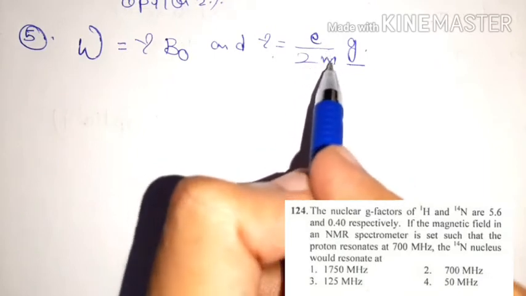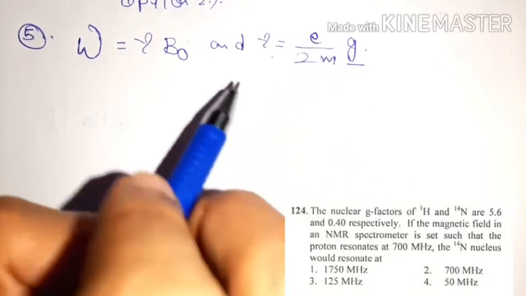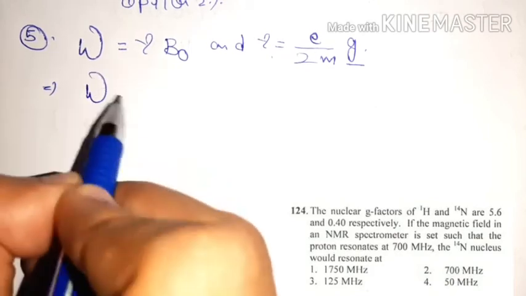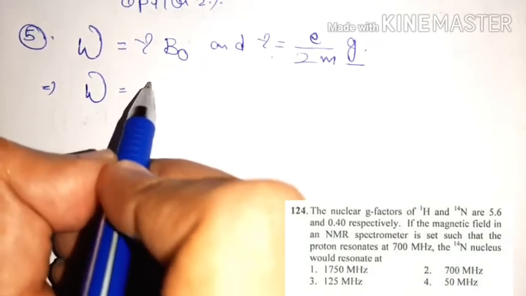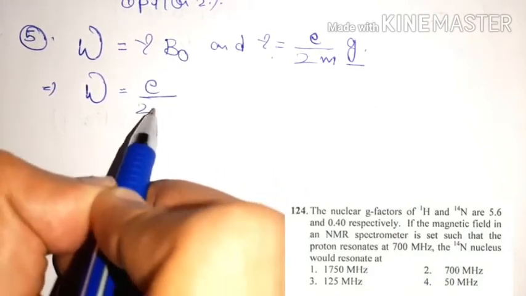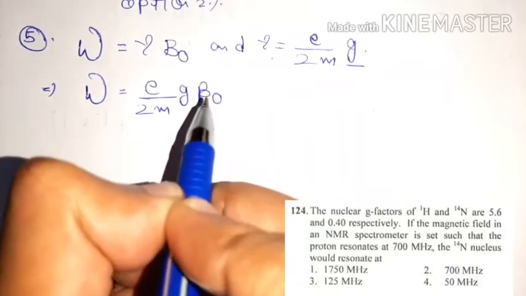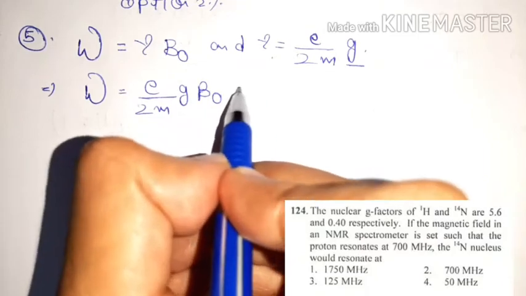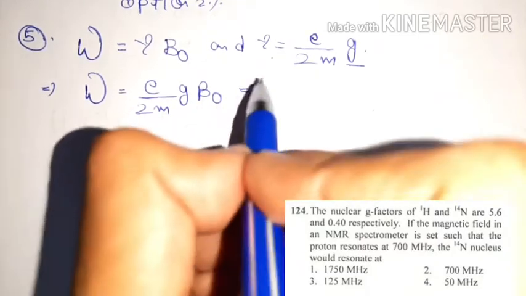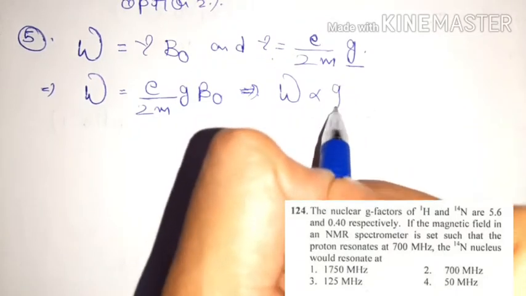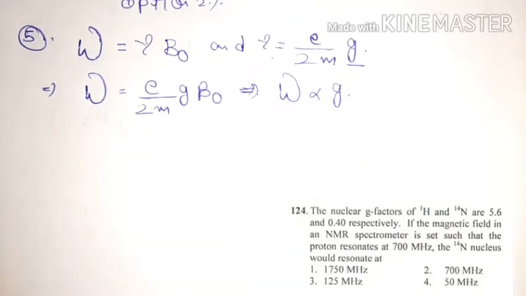So e and m are constant quantities, and ultimately omega is equal to e upon 2m G B naught. From this equation we get that omega is directly proportional to G.